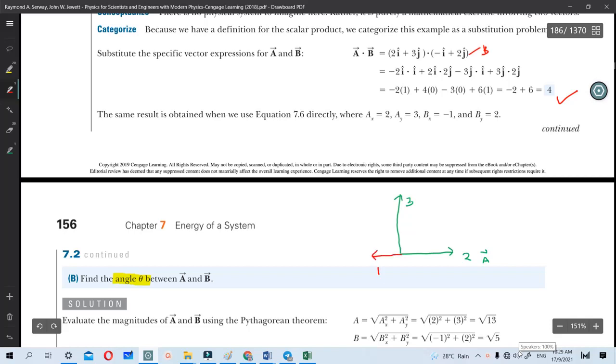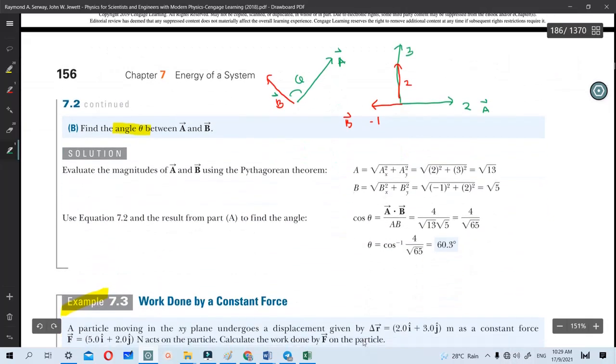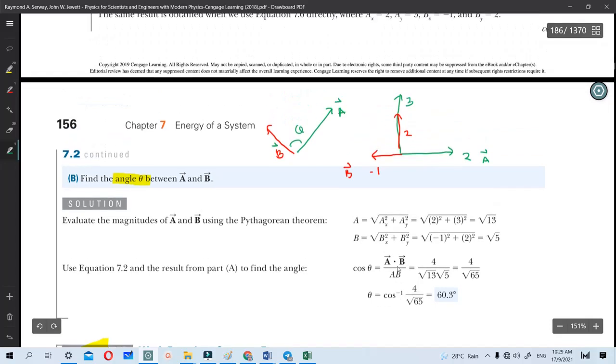So this is B. When you simplify, the figure should look something like this: this is B, the combination of the red one, and this is A. So this should be the angle between them. However, this would be a bit tough, so why don't we look at the calculation this way.